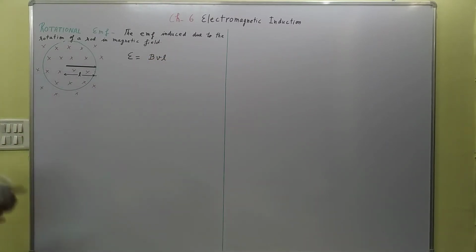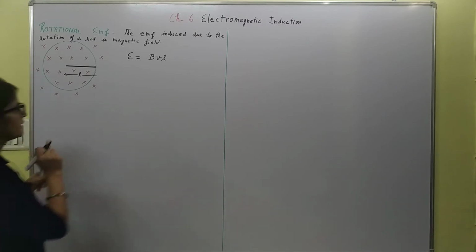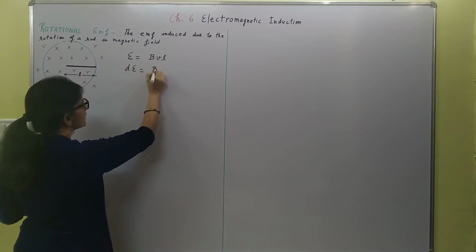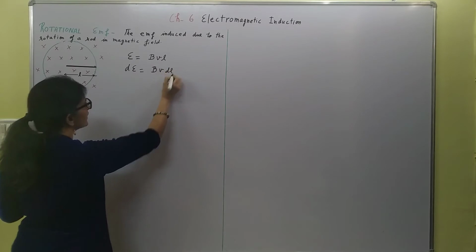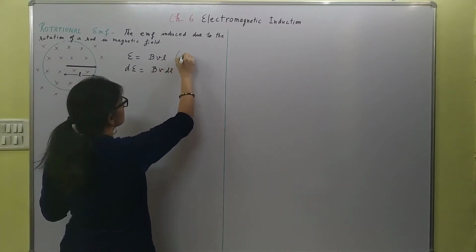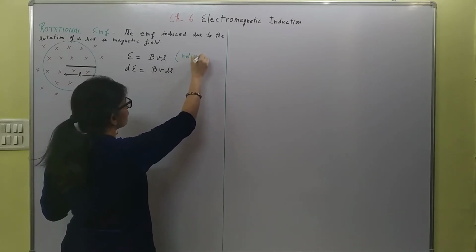So if we are talking about the production of induced EMF in dl length, then we can say that dE is equal to BV dl, right? So this is the basic formula of motional EMF.